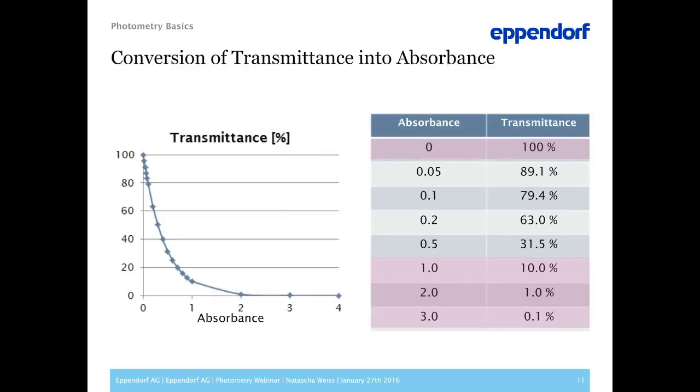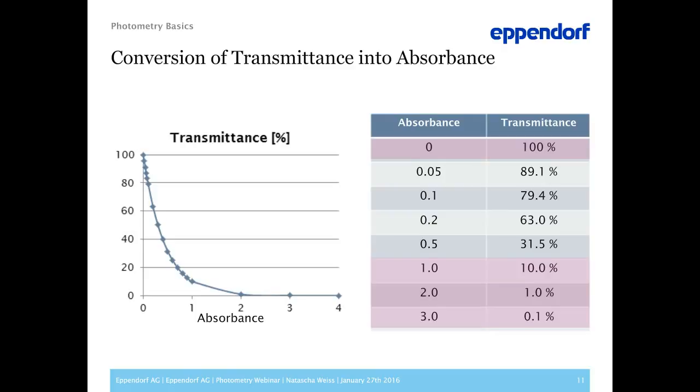In order to get a feeling for the meaning of absorbance units, I put common photometric values with corresponding percentage transmittance rates together on this slide. You see that due to the logarithmic formula, zero absorbance originates from a transmittance rate of 100%.